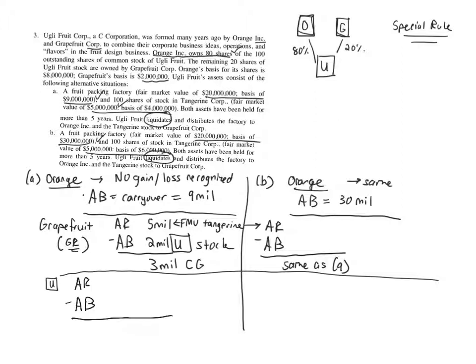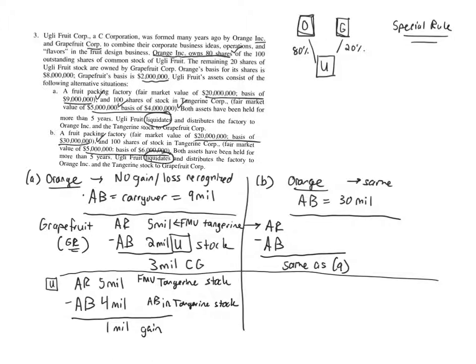And that is going to be the fair market value of the tangerine stock, which equals in A, 5 million. And the adjusted basis is going to be the adjusted basis in the tangerine stock, which in A is 4 million. So Ugly Fruit has a $1 million gain, depending on what the character of the asset tangerine stock is. It's probably capital, so it's probably capital gain, right?